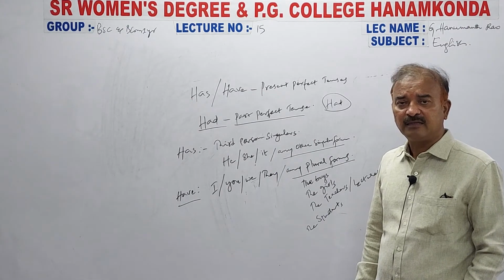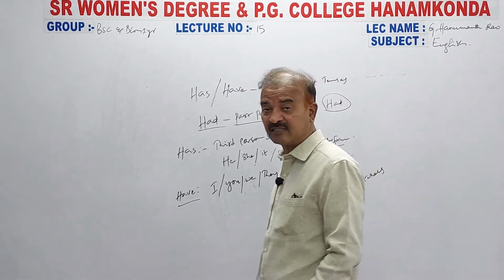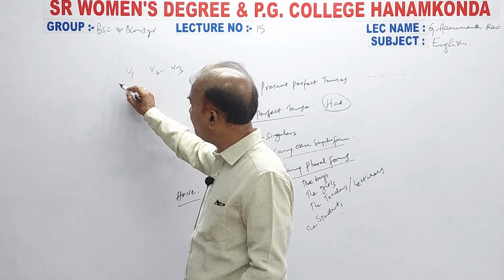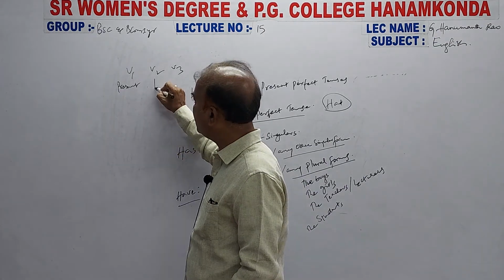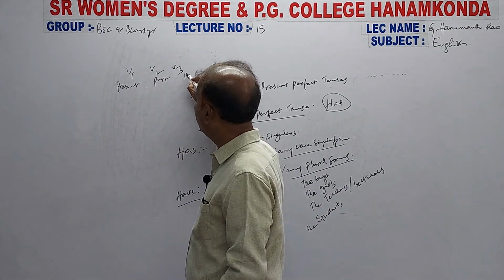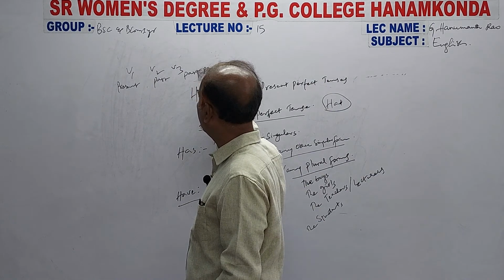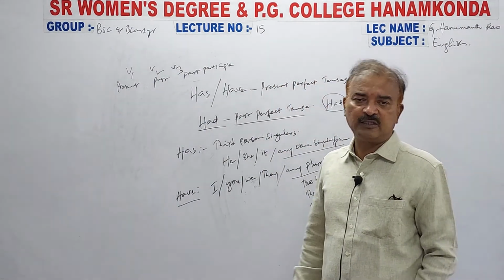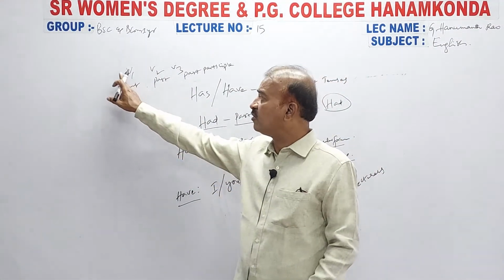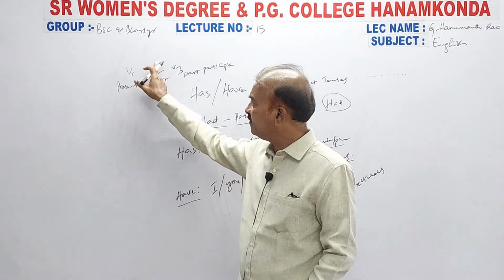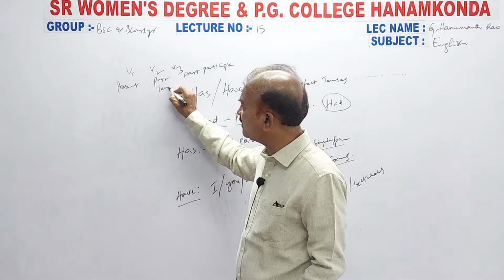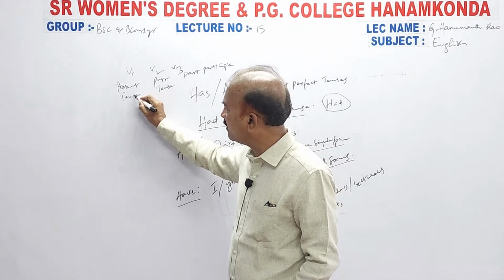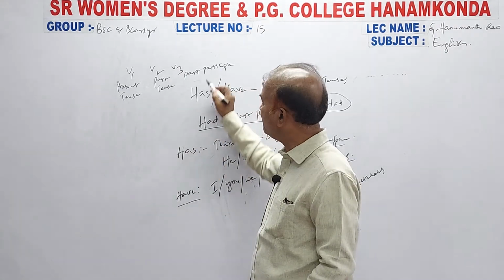And for better sentence construction purpose, you should also have sound knowledge of V1, V2, V3. V1 is present tense, V2 is past tense, V3 is past participle. Let me put it like this for a clear understanding: present tense, past tense, and past participle.